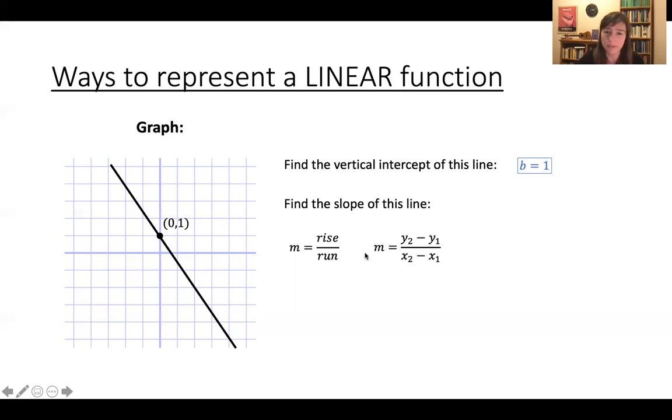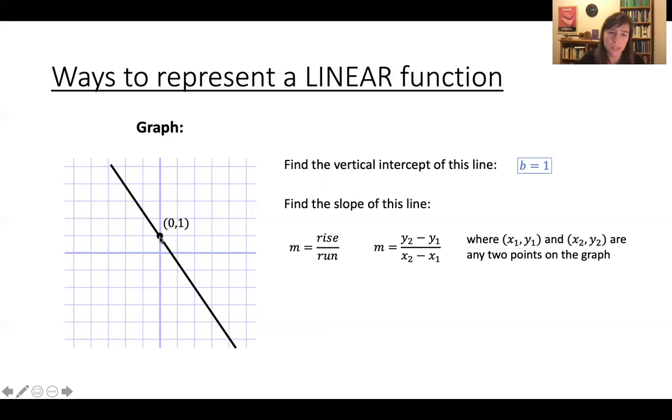As a formula, the slope m is y2 minus y1 divided by x2 minus x1, where (x1, y1) and (x2, y2) are any 2 points on the graph. So to calculate the slope, we need to know 2 points on the graph.